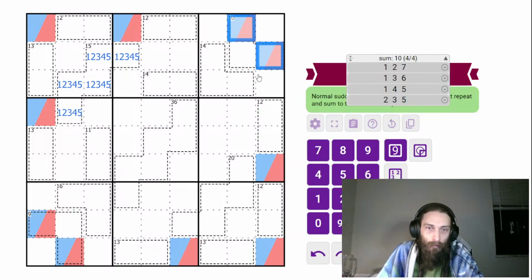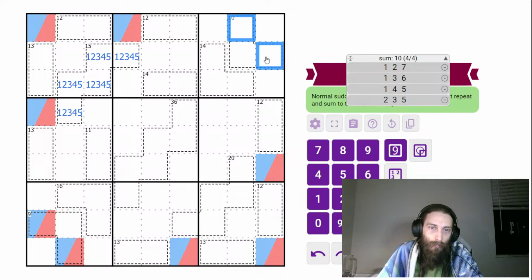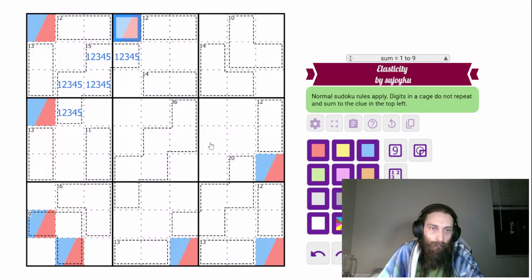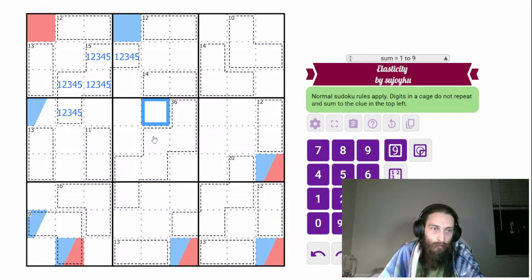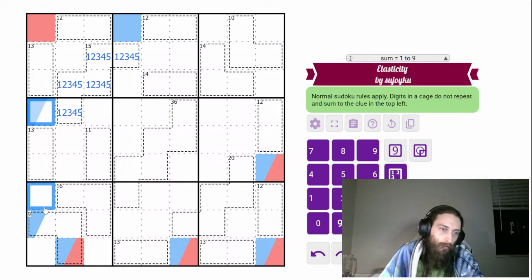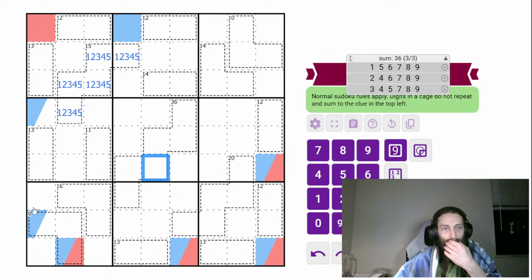Okay. Well, let's consider the option that it's none of the digits in the 10. Let's just call this one blue. So that one's red. Although I guess that possibility is still questioned.